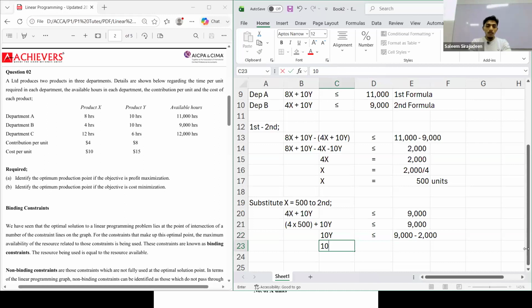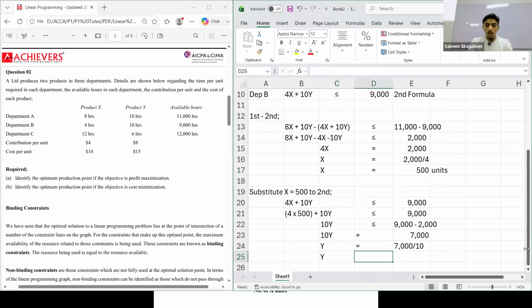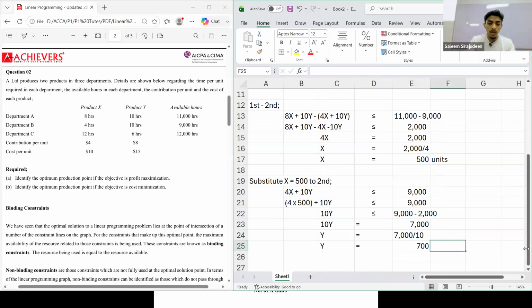Which means 10y equal how much? It is 7,000. Then y equal what? 7,000 divided by 10. It's 700 units.